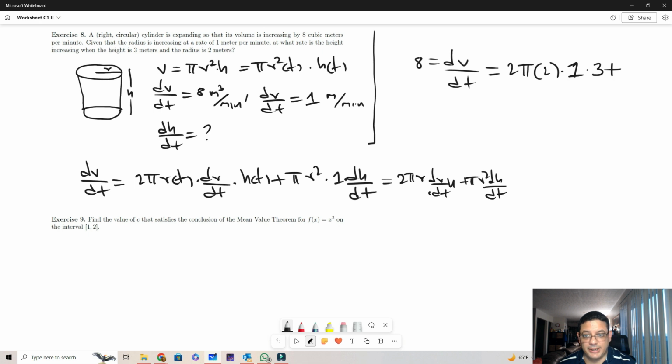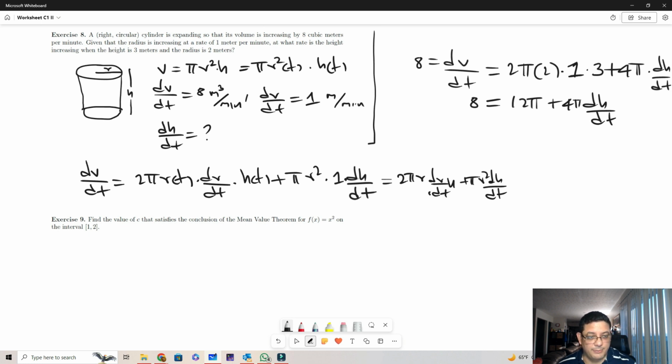Then pi r squared, so 4 pi. And then we don't know what dh/dt is. This is the only one that we don't know. So now we have 8 equals, and this is 2 by 2 is 4, by 3 is 12. So we have 12 pi, and here we have 4 pi dh/dt.